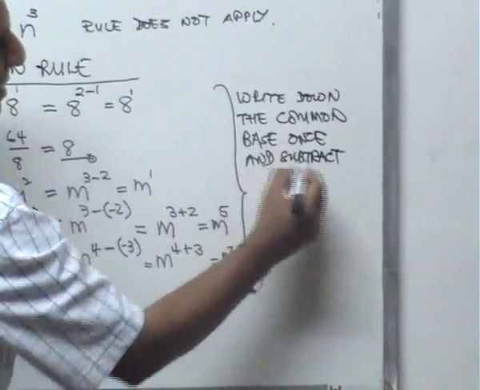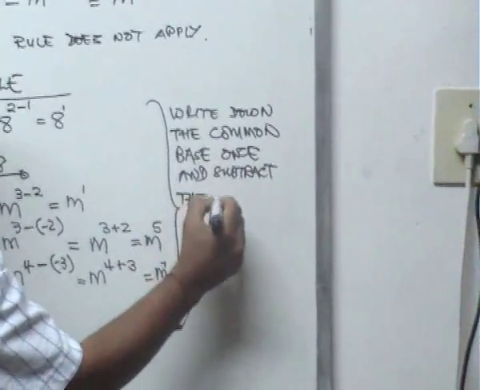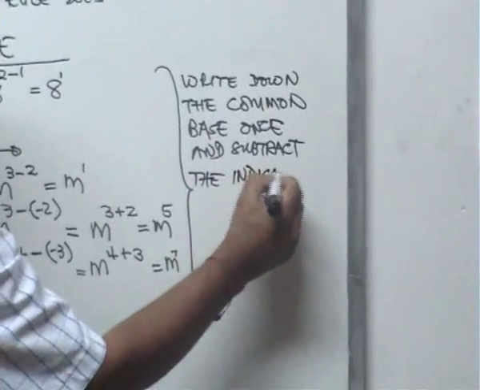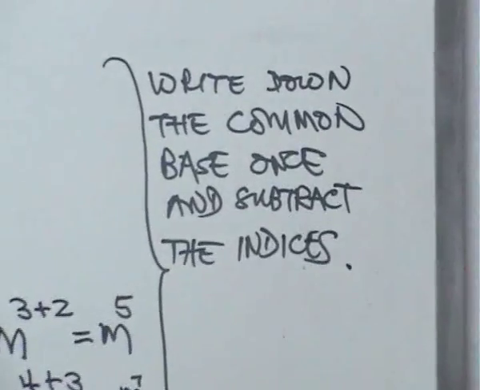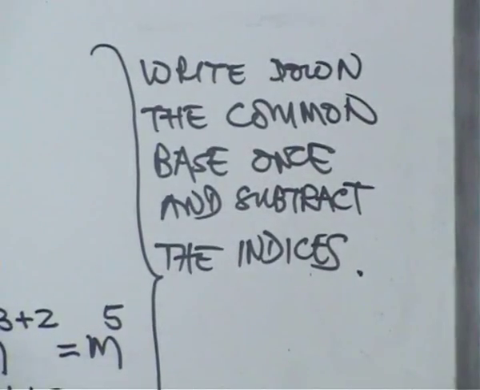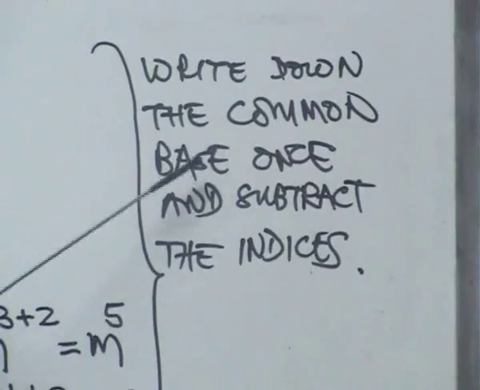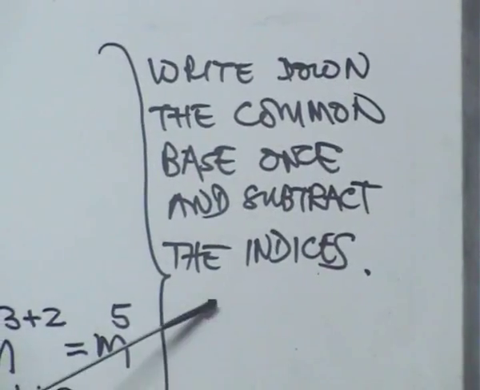Subtract means minus, and subtract the indices. Remember, once again, if I ask you what is the division rule for powers, you just tell me, write down the common base once and subtract the indices.